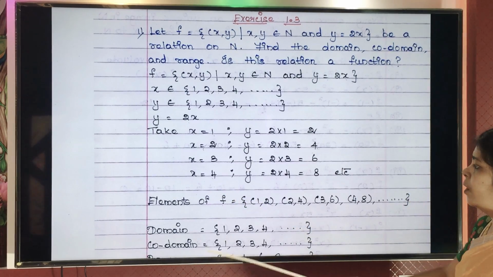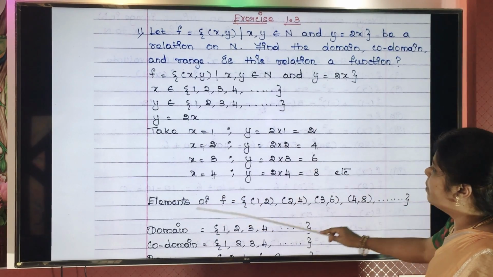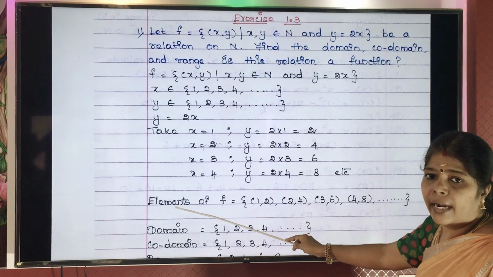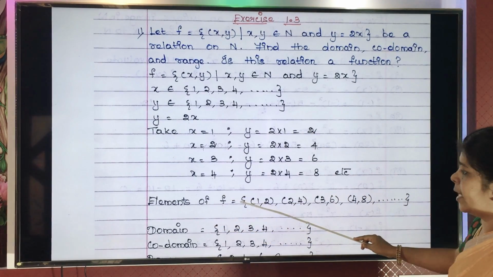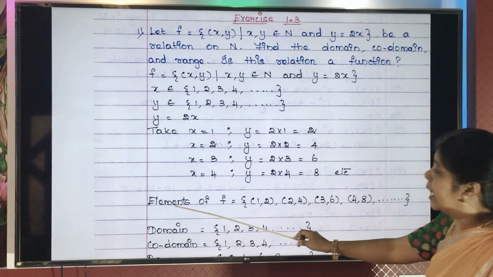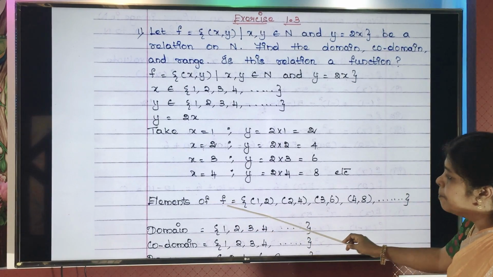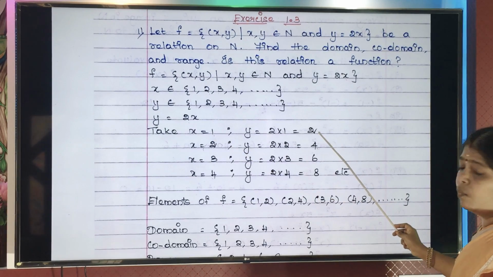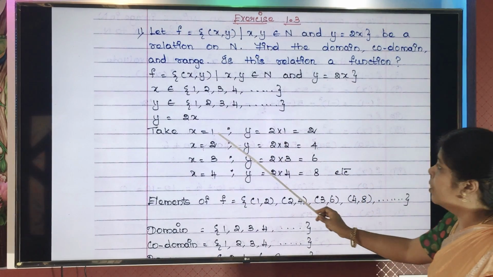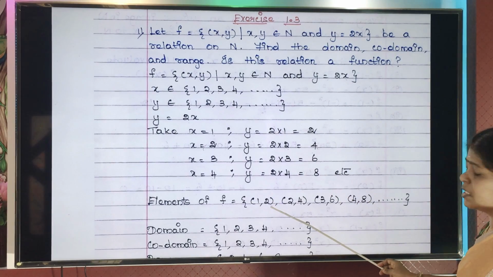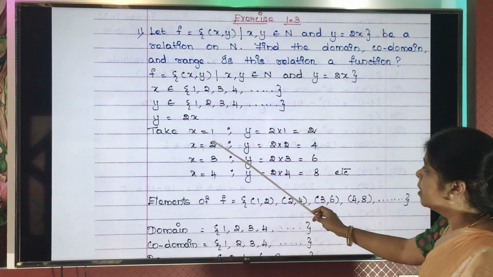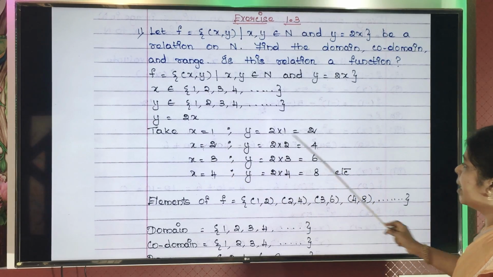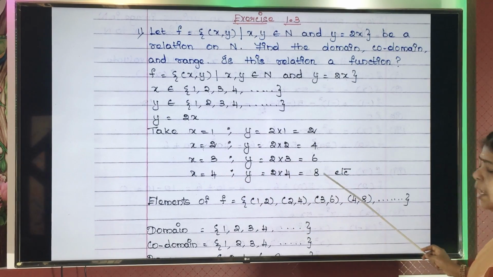So now, after finding out the values for y, let us write the elements of f. What is the x value? 1, and what will be the y value? 2. So 1 comma 2 becomes the first element. Likewise, you can write 2 comma 4, 3 comma 6, 4 comma 8.